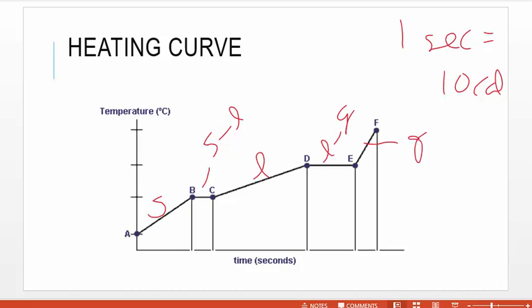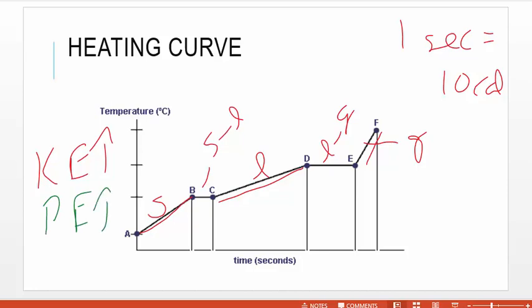Okay, now let's just really quickly talk about potential energy and kinetic energy. Obviously, kinetic energy is temperature, so kinetic energy is increasing from A to B, C to D, and E to F. Potential energy is increasing from B to C and D to E. Okay?